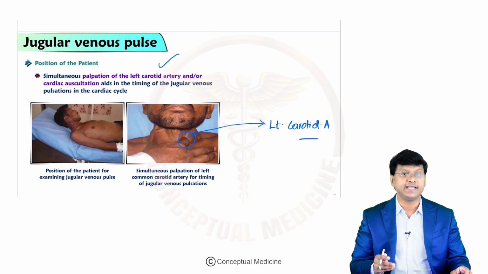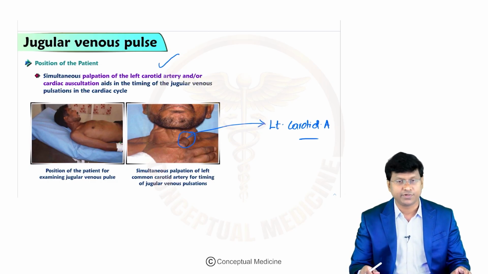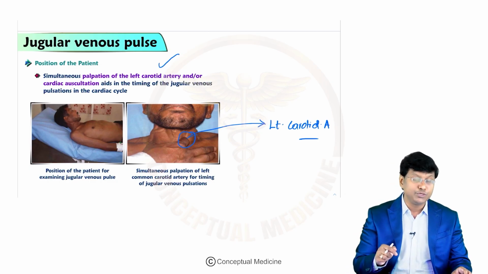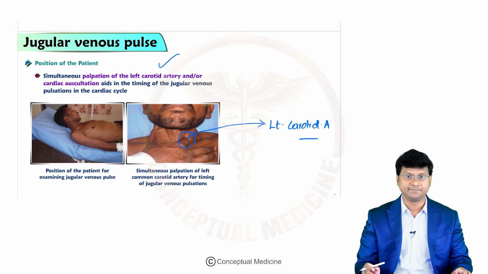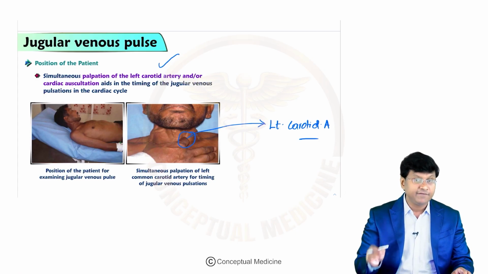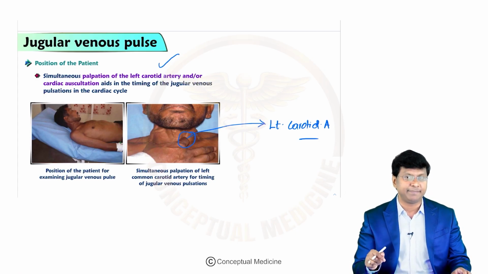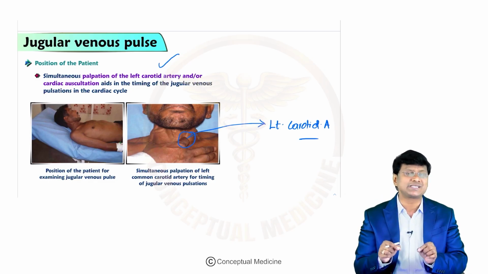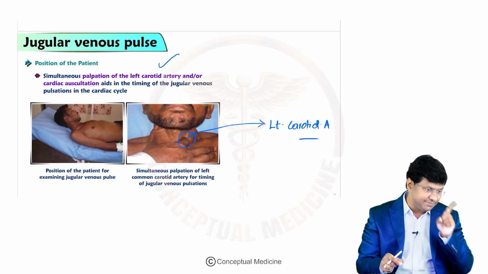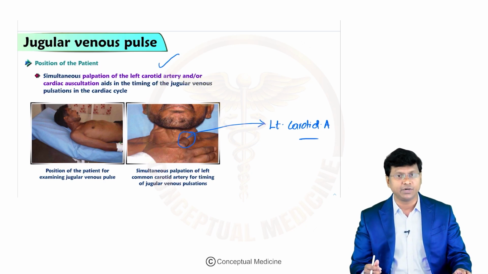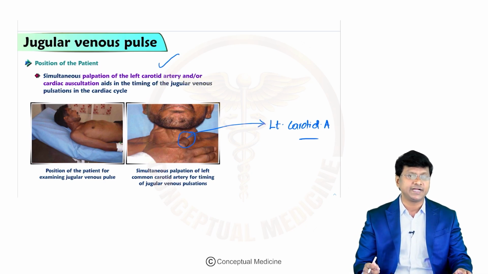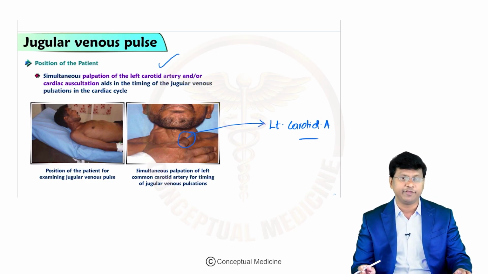When you palpate the left carotid artery, you can make out the waveforms easily. Or if you are not palpating the left carotid artery, you need to auscultate over the chest and simultaneously see the JVP. Thereby you will be able to make out the events of the cardiac cycle as well as the waveforms.